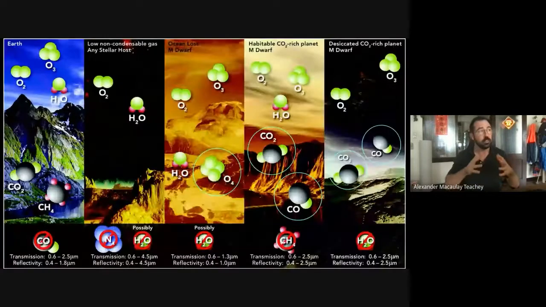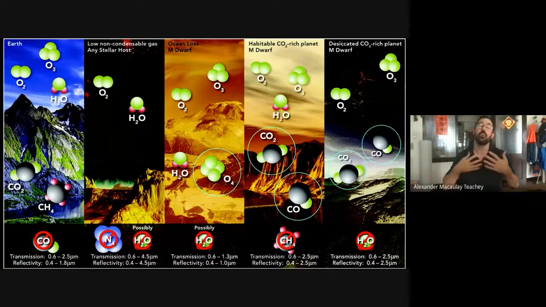But we're also interested in the chemical composition of these planets, right? We are made out of chemical elements and molecules. We have some sense of what life on Earth needs. Maybe life elsewhere needs the same things. Maybe life elsewhere has some different requirements and some different biochemistry. That's an open question.